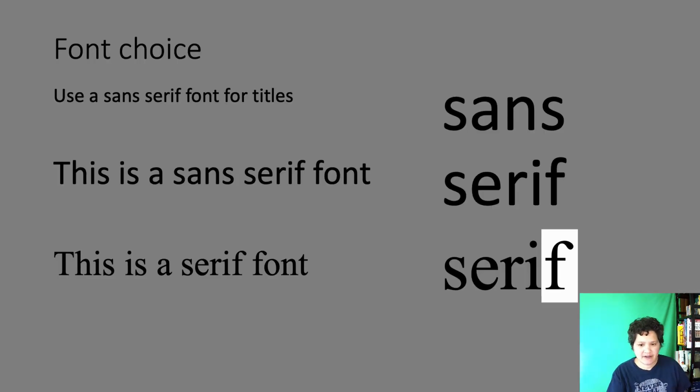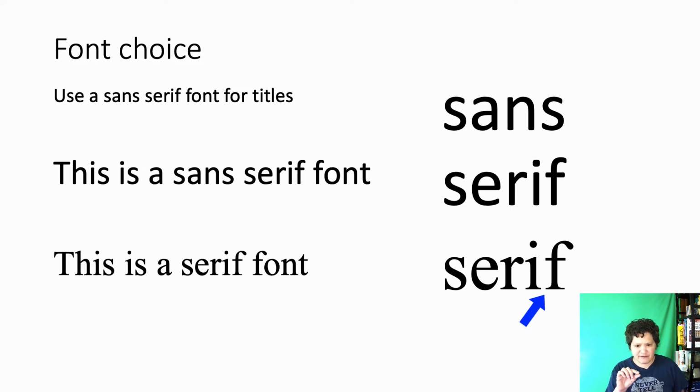If you look at the F here on our serif font, Times New Roman, you can see that it's not a consistent thickness throughout. So some parts are thinner, some parts are fatter, and they have the little flourishes. So specifically down here at the base of the F, there's that kind of flattened part. That's the serif. So why would you choose one sort of font over the other?